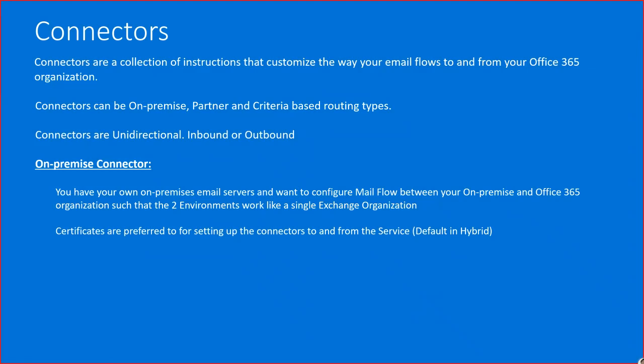We have certificates that are used to secure the messages when we're using on-premise connectors. When we do a hybrid setup using the Hybrid Configuration Wizard, the connectors are set up by the wizard, and the certificate is also selected in the process of setting up hybrid.